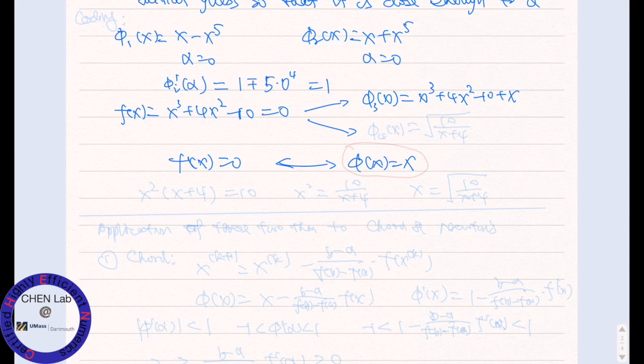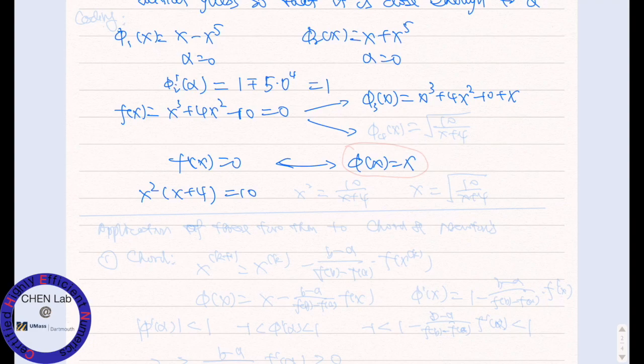Another choice is that if you look at that f, I can do something different. Let's say I can have x squared times x plus 4 equal to 10.